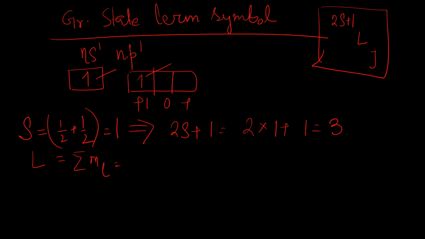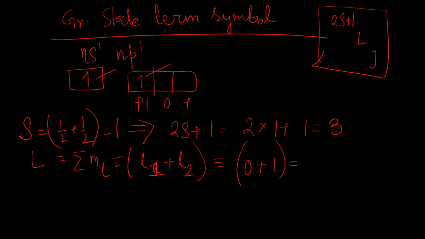Here it is L1 plus L2. Why? Because 2 different orbitals are given, L1 plus L2, right? So what is the L value for S? The value is 0. For P, it is 1.